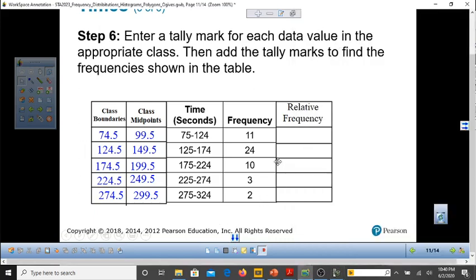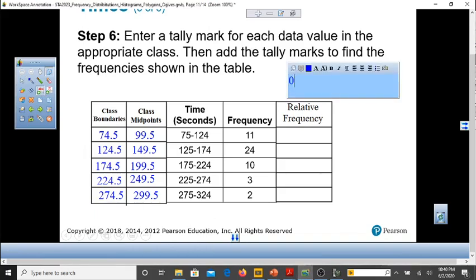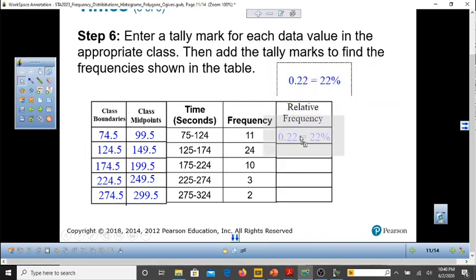So I can either write this as 0.22, or I could write it as 22%. Either of those would be acceptable.